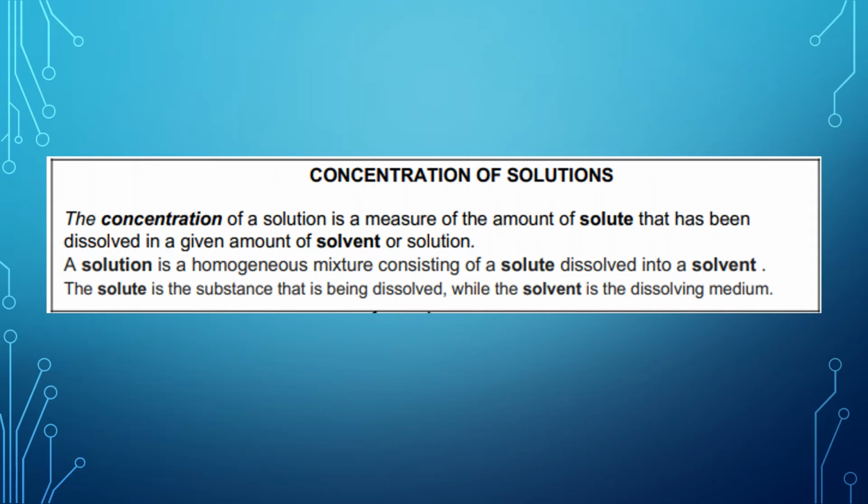At the end of our Module 6 last time, we already know that a solution is a special type of homogeneous mixture consisting of a solute and a solvent. So when we say solute, class, these are the materials or substances that are being dissolved.